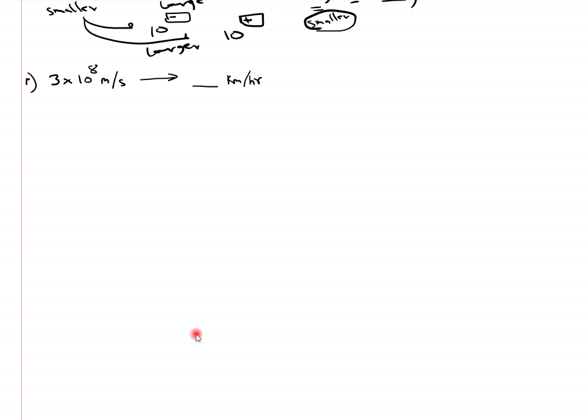So we set up the speed as 3 times 10 raised to 8 meters in 1 second.